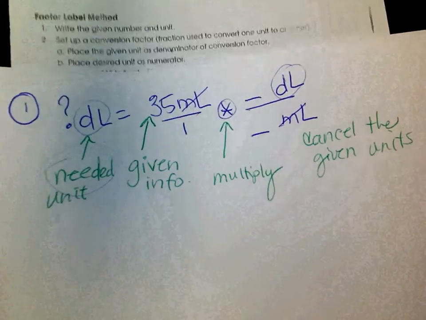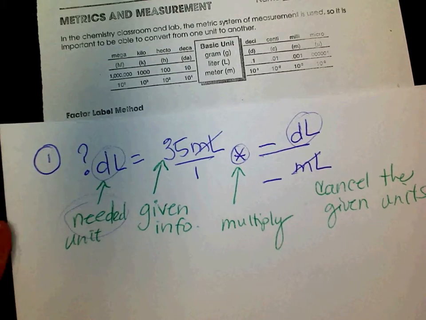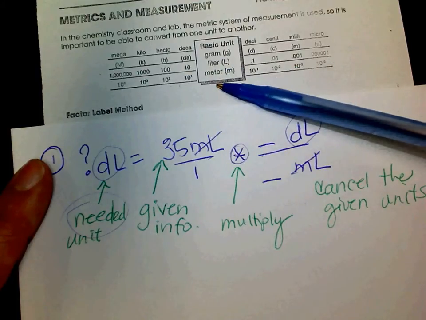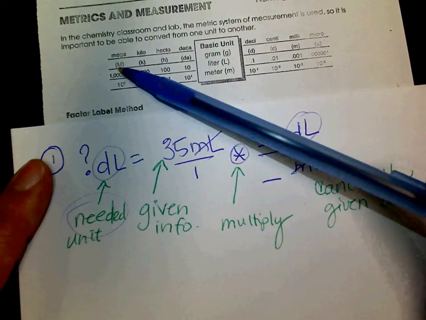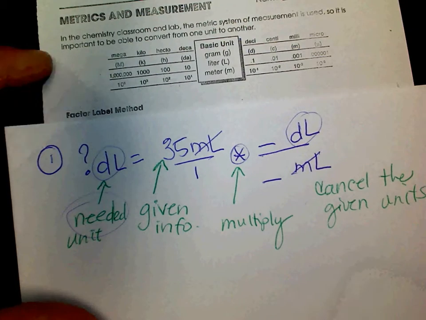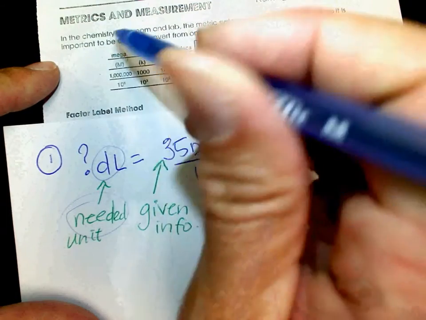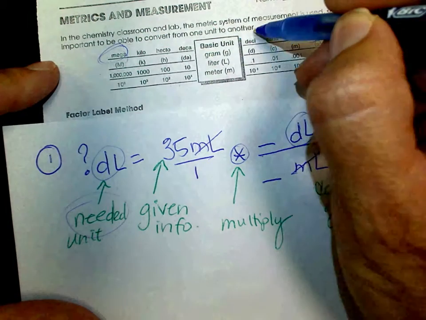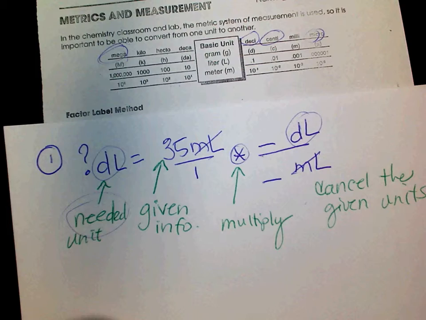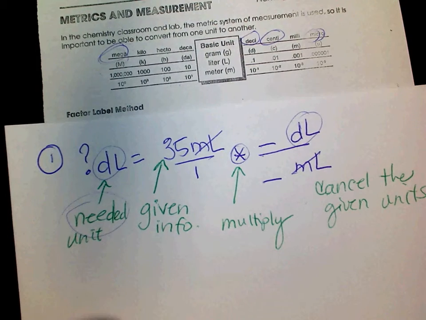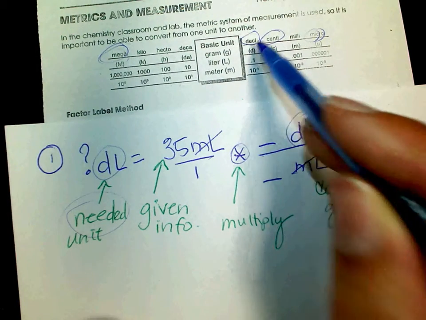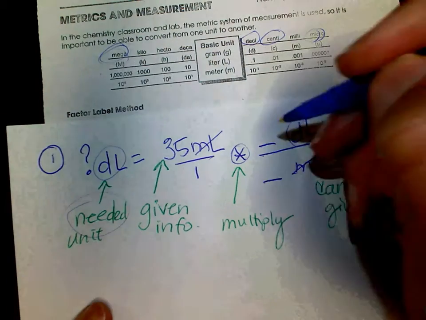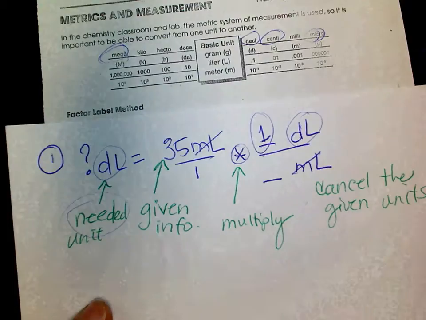If you look at the new worksheet that I gave you, where's the big end of this scale, left or right? It's left, which is kind of backwards, isn't it? These are the bigger units, and these are the smaller units. All right, so here's my deci, here's my centi, right? Okay, so when I'm going from centi to deci, I see that deci is the bigger unit. I'm going to put a 1 in front of the bigger unit.